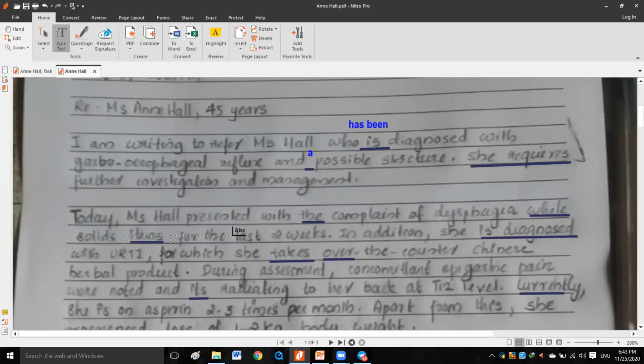Today, Ms. Hall presented with the complaint of dysphagia while solids, and I couldn't read this word. If you can help me, solids, and I don't know this word, for the last 2 weeks.